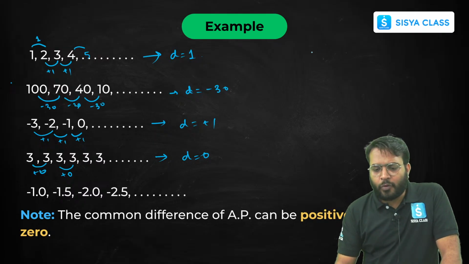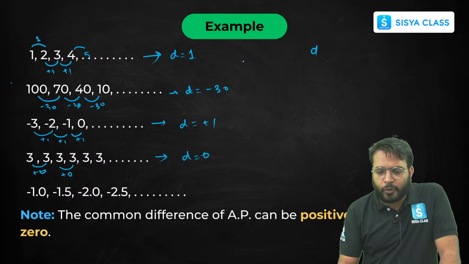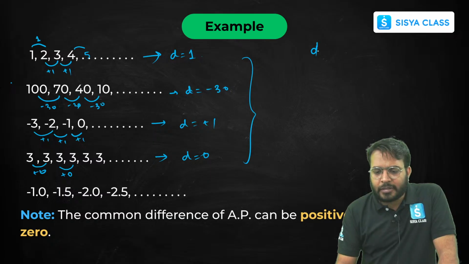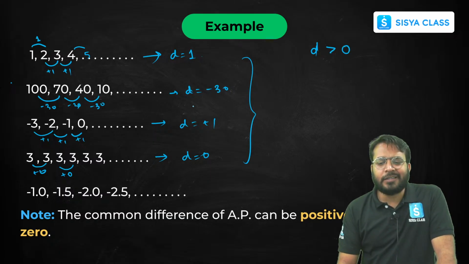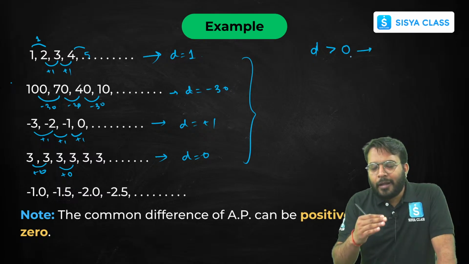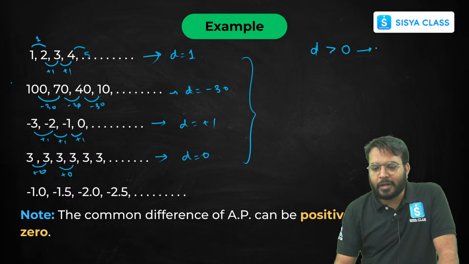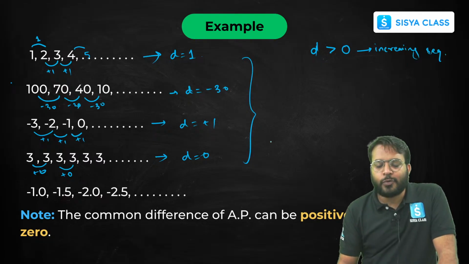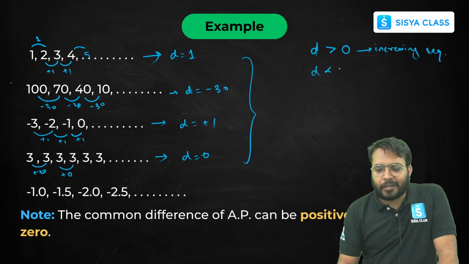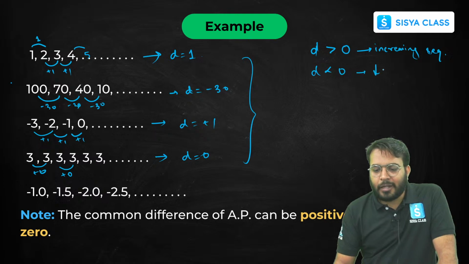From here you can observe one thing: if your common difference is greater than 0, you are going to get an increasing sequence. And if your common difference is less than 0, you will get a decreasing sequence.